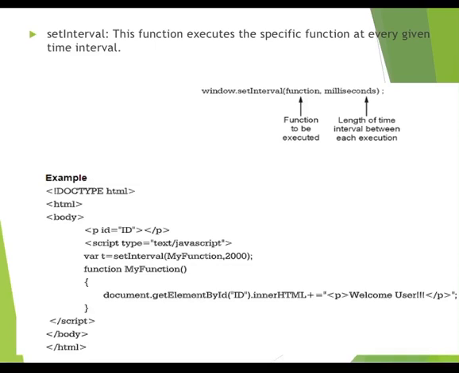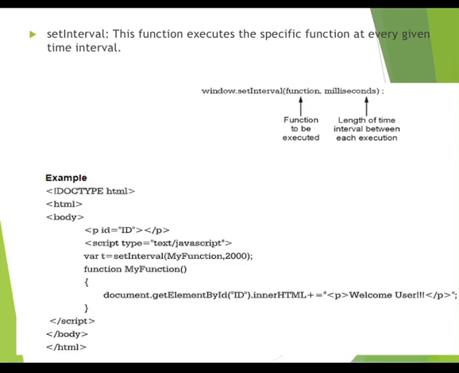Let's see the code. So first is doctype HTML, then your HTML tag, then your body tag, then we have taken a paragraph tag and we have specified id equal to, in double quotes, capital ID. Close the paragraph tag, then open the script tag and write the script.